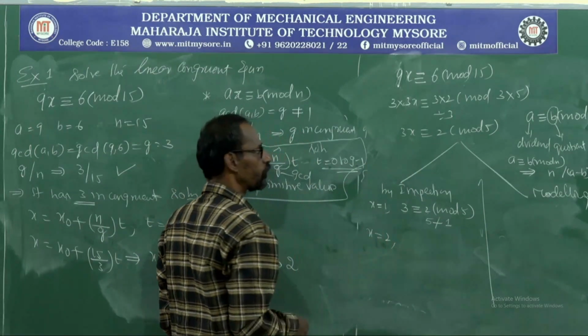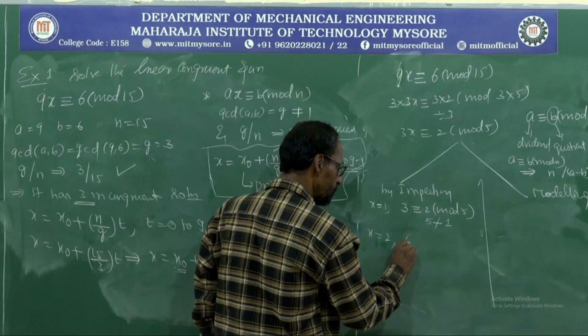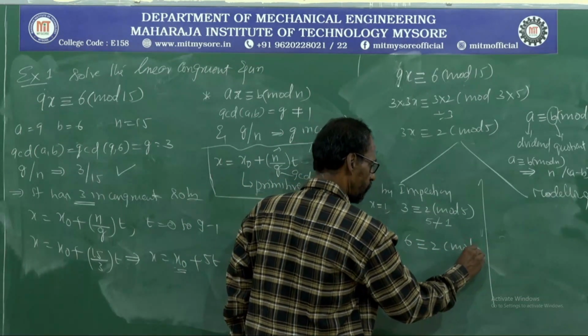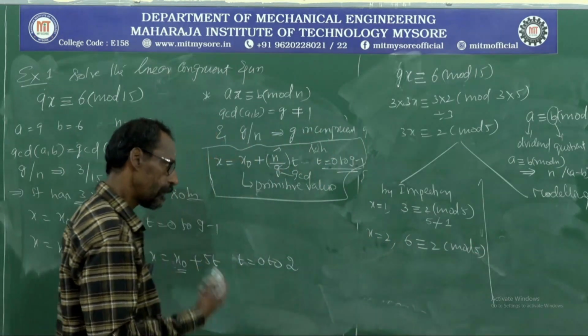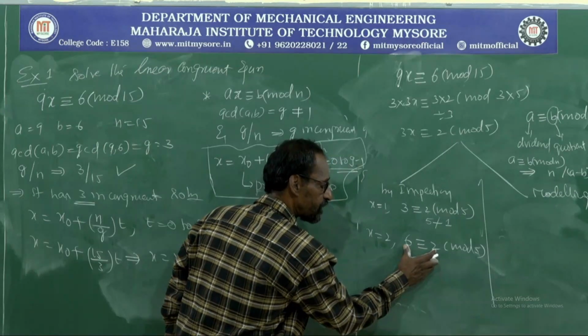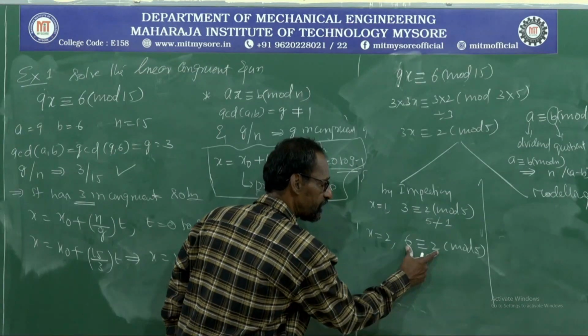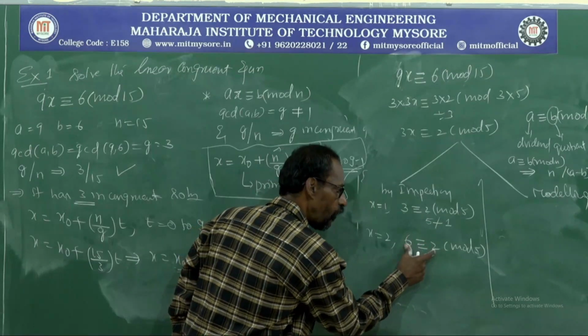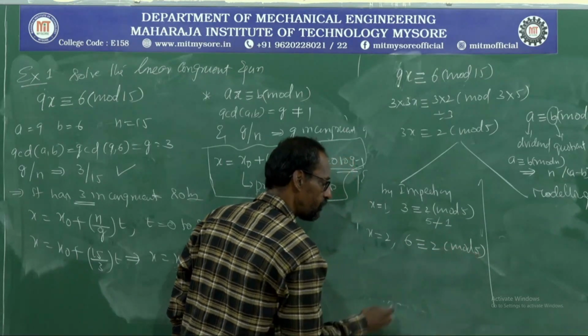Take x is equal to 2. Then we have 6 congruent to 2 mod 5. Again the condition is to take left minus right. Left minus right is 4, and 4 cannot be divisible by 5.